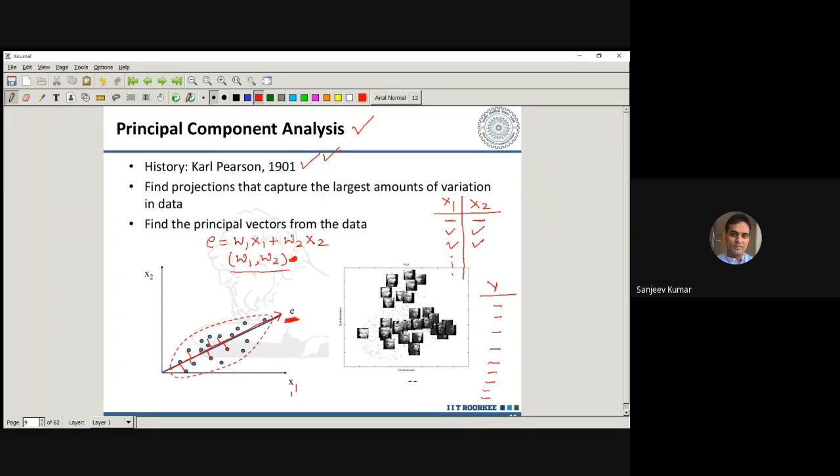You can see that it was proposed almost 120 years back, but it is quite popular nowadays. It was very popular around 2000 to 2010 to reduce the dimensions of data or for any sort of data analysis.